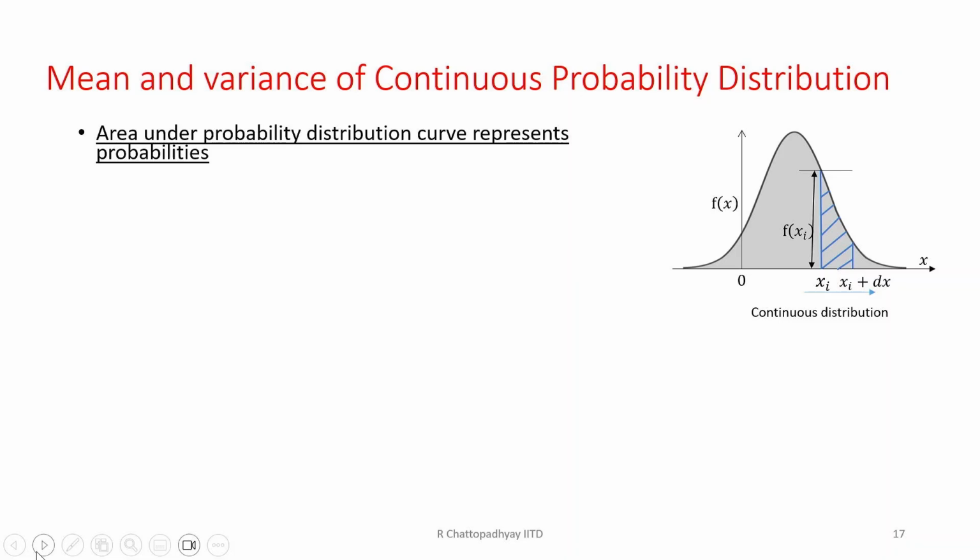So here is a smooth curve shown, because it's a continuous distribution, it will look like a smooth curve. This is a probability distribution curve where this is x and this is basically your y, which is a function of x. So area under the probability distribution curve represents the probabilities.